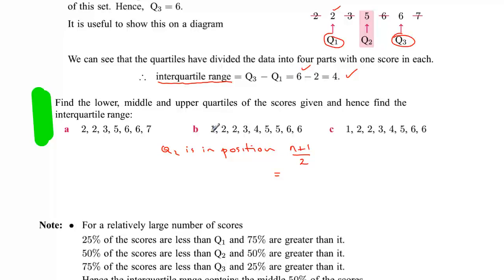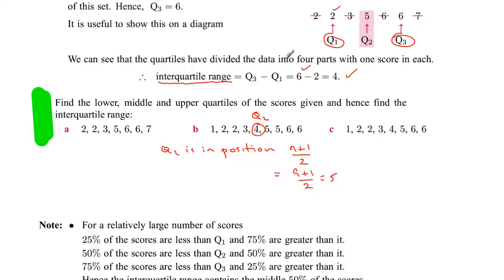So we've got, what was it again? 1, 2, 3, 4, 5, 6, 7, 8, 9. So 9 plus 1 over 2, that's 10 over 2, which is 5. It's in position 5. So we can count across 1, 2, 3, 4, 5. There it is there. And there's our second quartile, or our median.